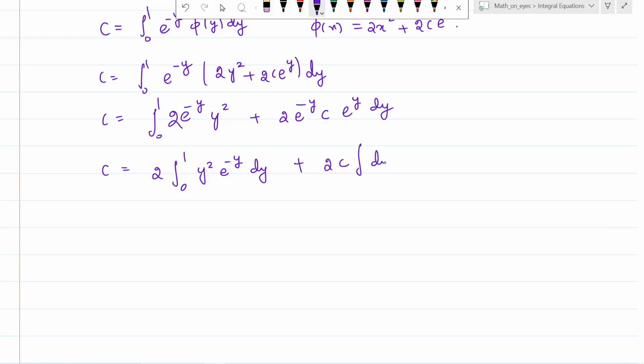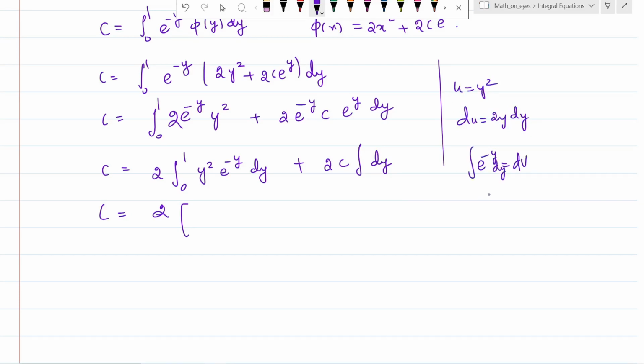So integral dy. c is equal to 2 times of, we solve this by the UDV method. Let me take u is equal to y squared. So I get du is equal to 2y dy, and then e to the power minus y dy is equal to dv. So we get minus e to the power minus y is equal to v.